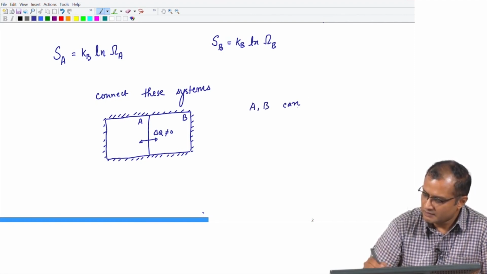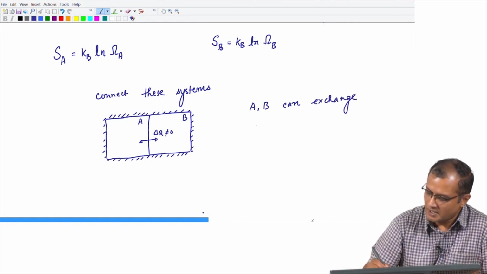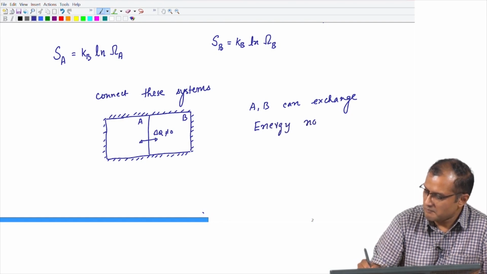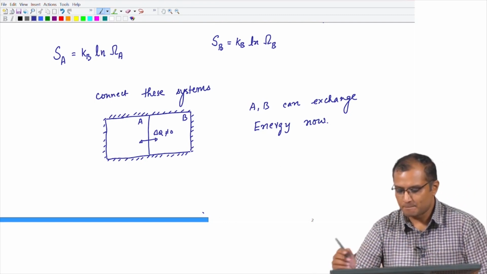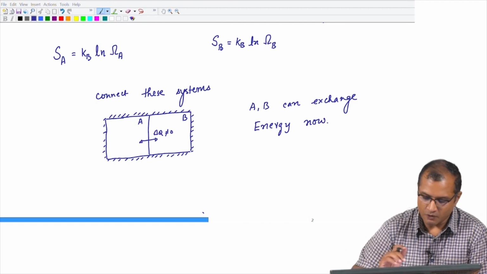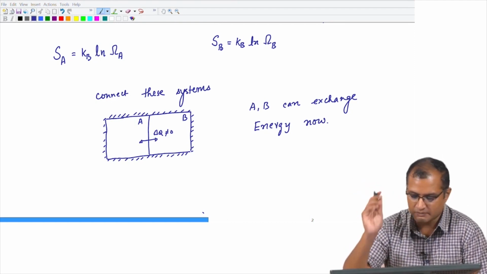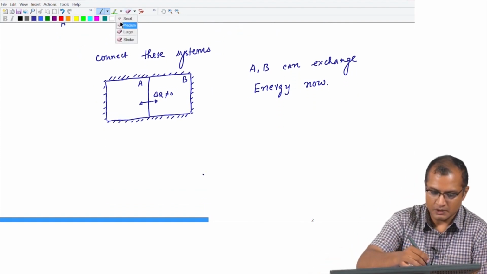Okay. So, A and B can exchange energy now. Okay. Only energy, the walls are all fixed. So, there is no volume exchange between A and B. Now, what can you tell about the joint entropy of this system?